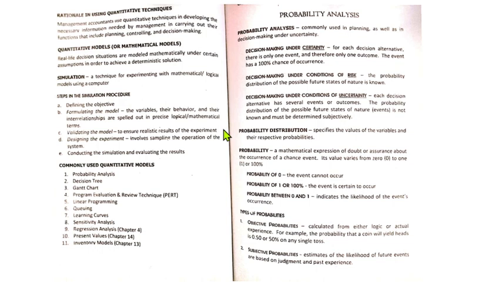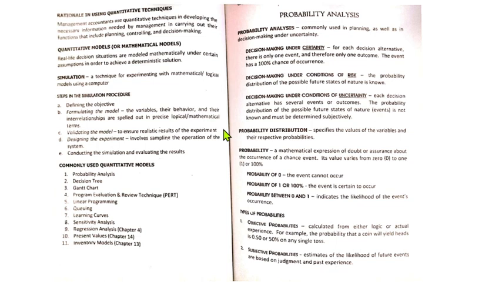Based on the model na ginawa natin, we look at is it applicable to the real situations, or magpo-provide ba ito ng realistic results. Next, we design the experiment. Kung makita natin that there are deficiencies, we redesign the models, and then we forward it to the simulation and the evaluation of the results.